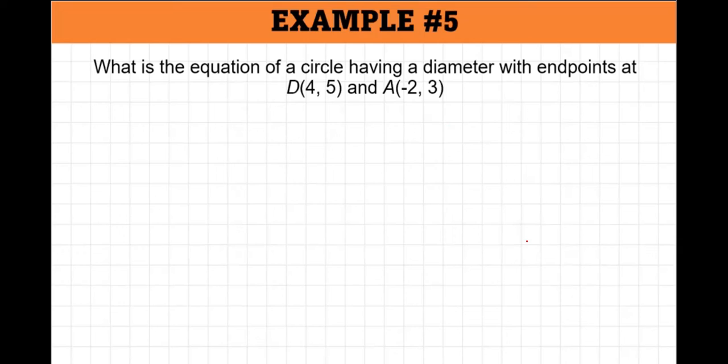So, sa case na to, syempre, since binigyan ka ng diameter, ano ba yung property ng diameter? Una, si diameter is the longest chord ng circle mo. Meaning to say, kung ito yung longest chord, then it is simply twice the radius.